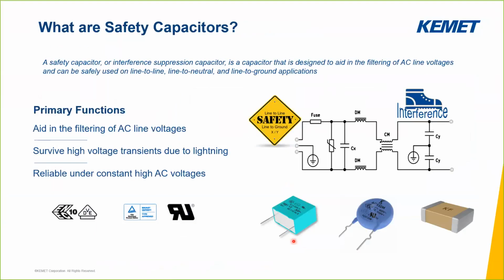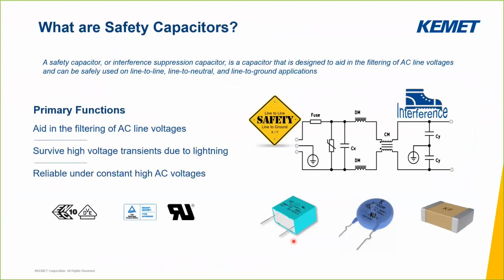A safety capacitor is a capacitor that is designed to aid in the filtering of AC line voltages and can be safely used in line-to-line, line-to-neutral and line-to-ground applications. These capacitors must be able to properly filter out EMI, be able to survive high voltage transients such as lightning strikes, and operate reliably under high AC voltages.